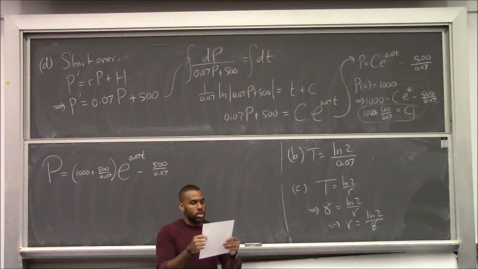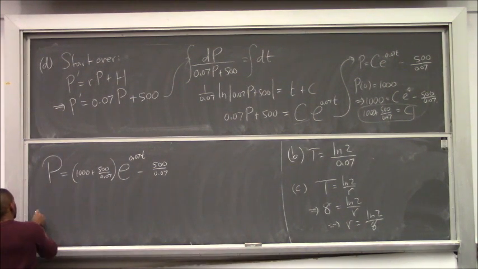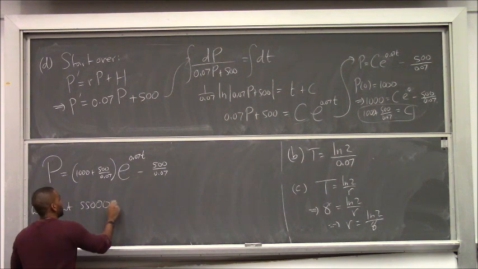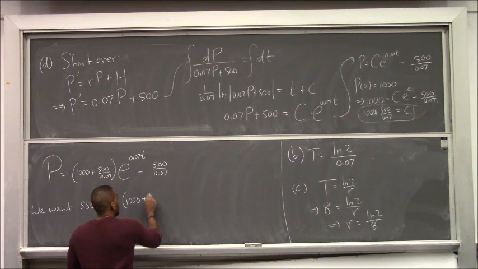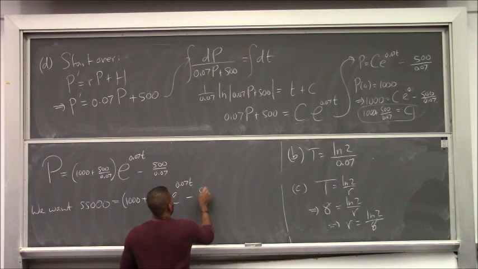And so how long before the balance reaches 55,000? We want 55,000 to be equal to 500 over 0.07 e to the 0.07t minus 500 over 0.07.